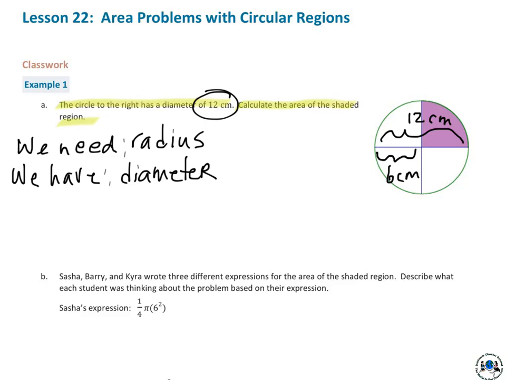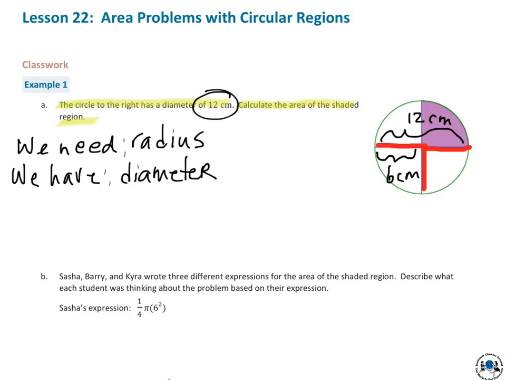And that 6 centimeters, when we're talking about radius in a circle, always naturally originates from the center point of the circle. All of these lines are equal.